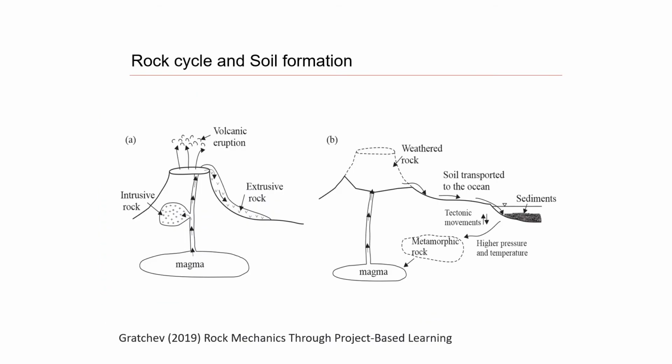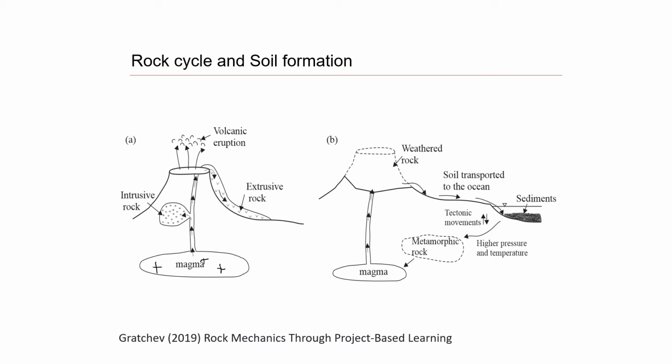Now we'll talk about the rock cycle and soil formation. This is one of the major and fundamental theories that we use in geology. You may know that there are three types of rocks: igneous rocks, sedimentary rocks, and metamorphic rocks. What happens first is that at some point in the ground we have magma, which is melted rock.